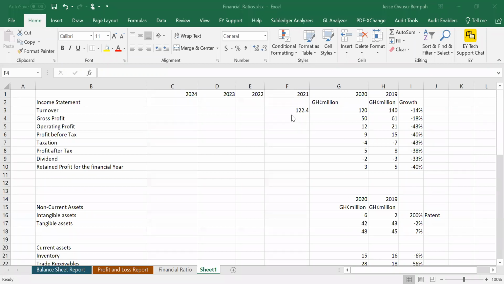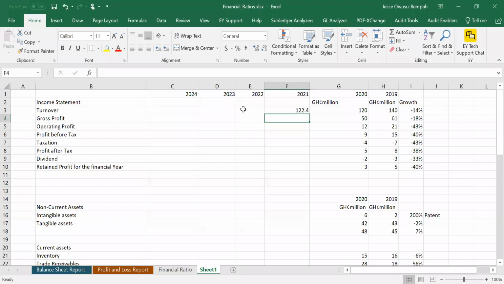So they can say for cost of sales in 2021, we don't know the number, it is 70% of turnover.